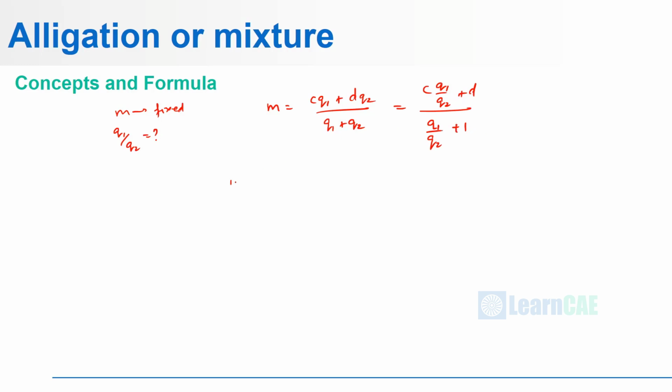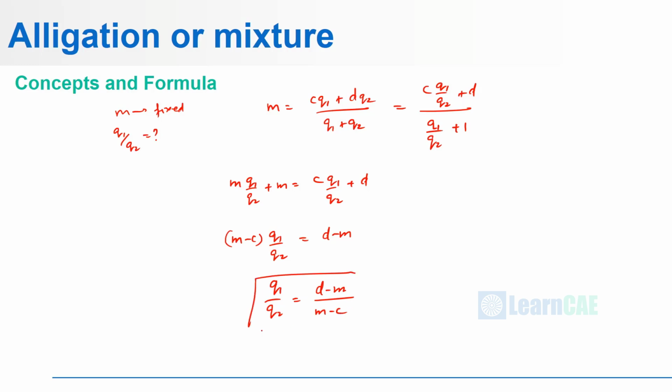Rearranging, we get M Q1/Q2 + M = C Q1/Q2 + D. Therefore, we can write this as (M − C) into Q1/Q2 = D − M. Therefore, Q1 by Q2 will be equal to (D − M) divided by (M − C).